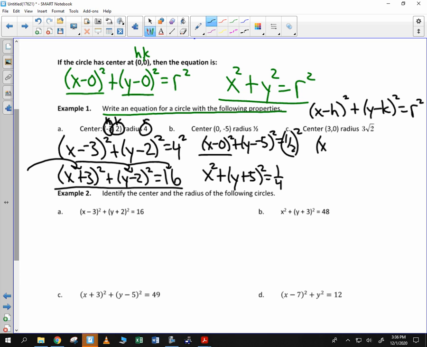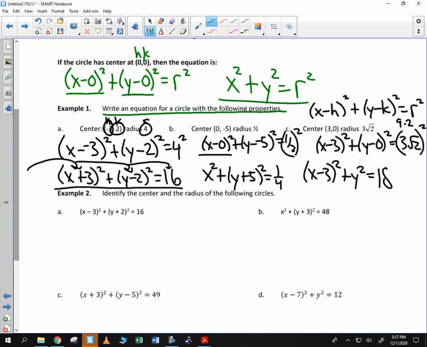Next one, we have (x minus 3) squared plus (y minus 0) squared is (3 root 2) squared. So that's (x minus 3) squared plus y squared is, you square the 3, you get 9. If you square the square root of 2, you get 2. So you end up with 18.